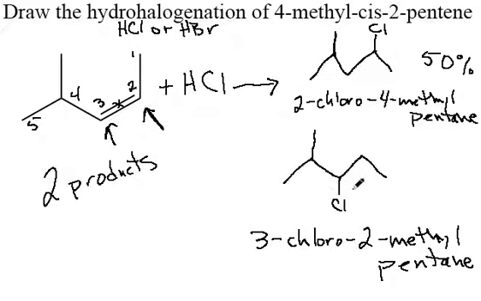Notice that the numbering switches in this case because chlorine, whether I go from the left side or the right side, is always going to be number 3. And if we have the opportunity to make this one a smaller number, we will. So we'll call this number 2. In this case, chlorine needs to be number 2. And this product will also be made in a 50%. So it's 50-50 both of the products.